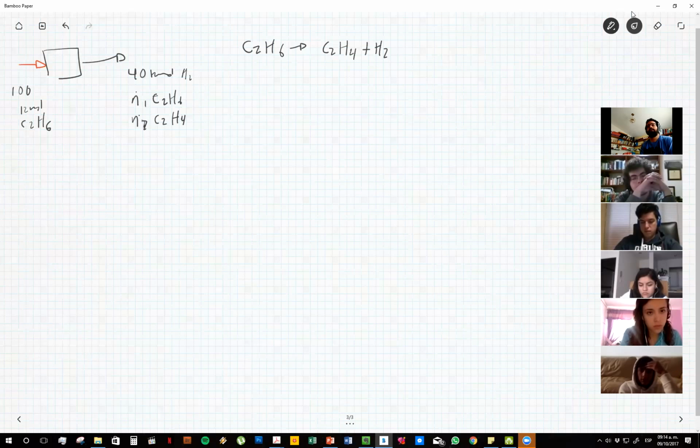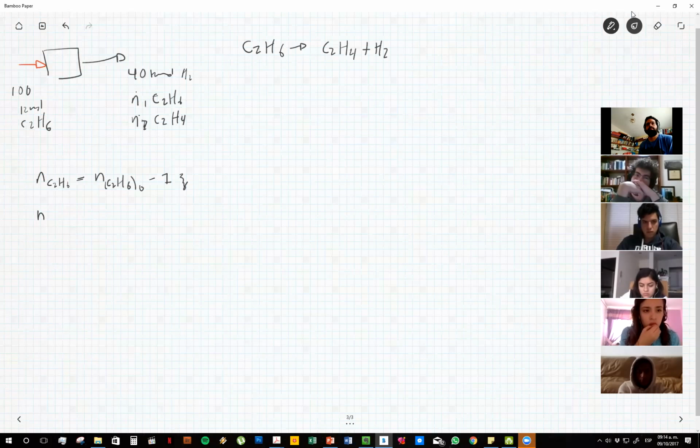For example, the number of moles of C2H6 at the output is equal to the number of moles of C2H6 at the inlet, minus the chemical coefficient, that is 1 in this case, times the extent of that reaction. And that for each one.